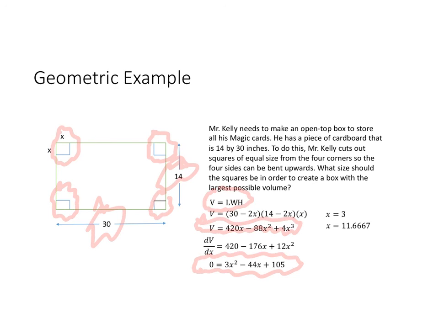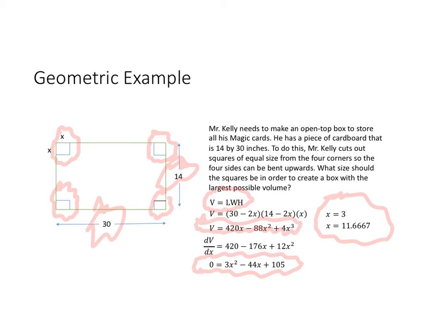If you factor it, now this might be ugly to factor, but you can do this on your calculator to find out factors, and we come out with 2 answers, as you'd expect. x equals 3, and x equals 11 2/3.